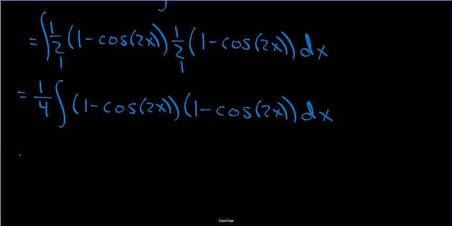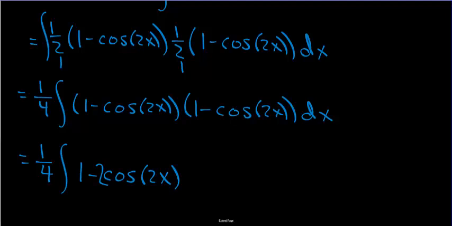You got to make sure your algebra boots are on, laced up real tight, and then you just go to work, right? So you distribute, you have 1 minus cosine 2x, and let me make that 2 of them. We know how to multiply out a squared, and then plus cosine squared 2x.